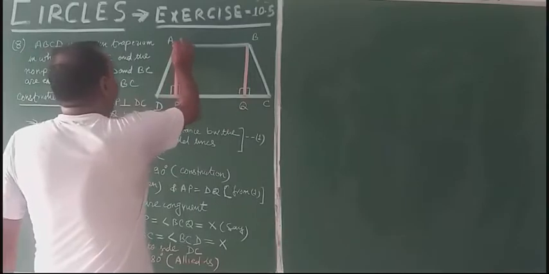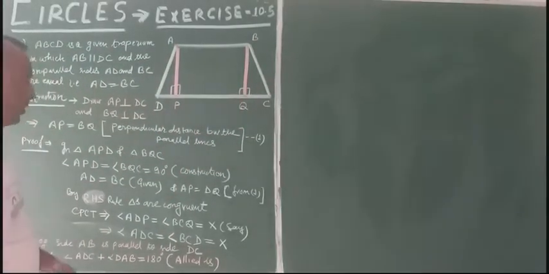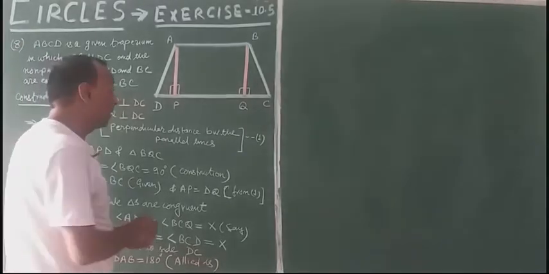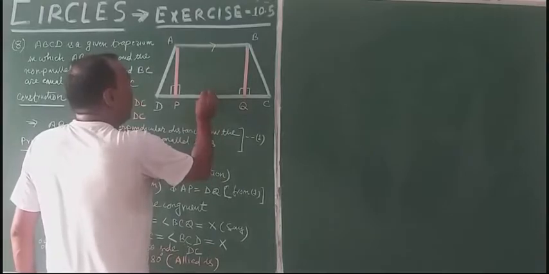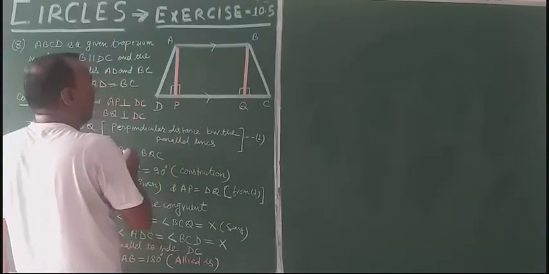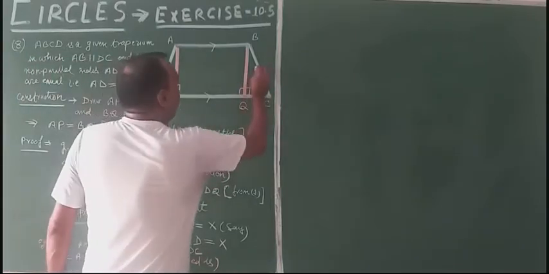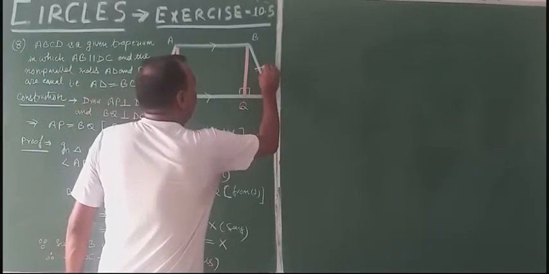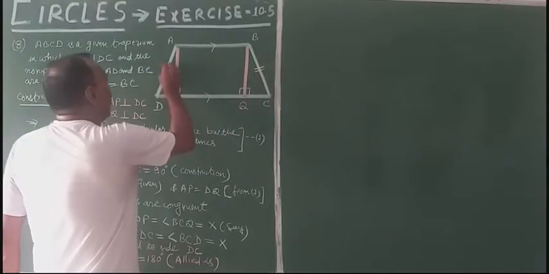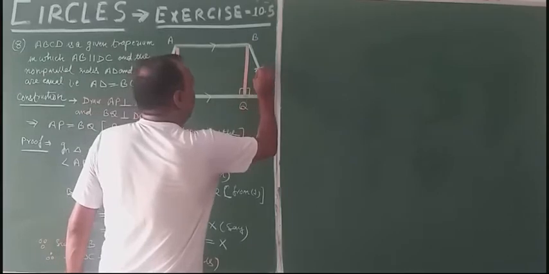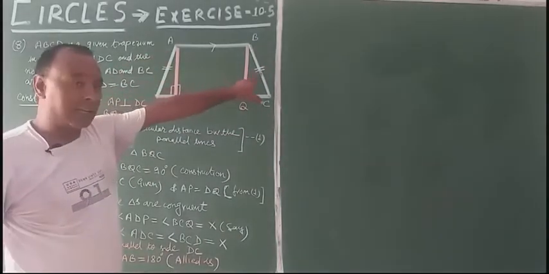Suppose this is the given trapezium ABCD, in which the parallel sides are AB and DC. Then the non-parallel sides are AD and BC. These non-parallel sides are given equal.